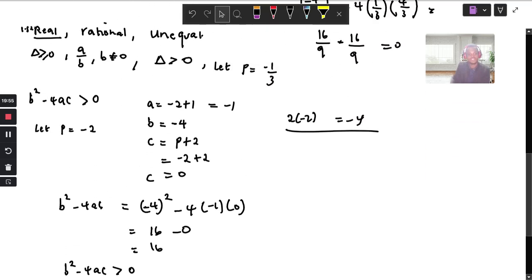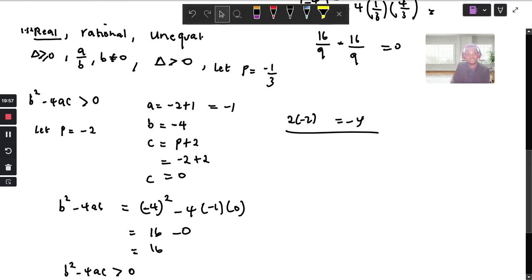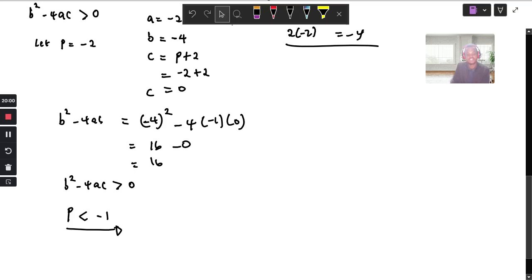Because here you see that I just used minus 2, and minus 2 gave me 16. And a square root of 16 is 4, and 4 can be written as 4 over 1.